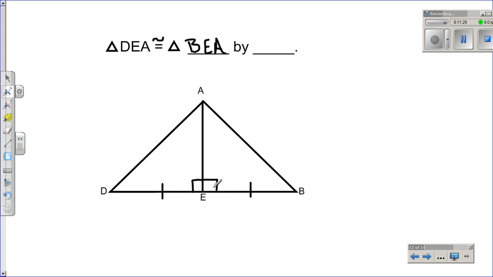So technically this one is called hypotenuse leg. It's not one of the shortcuts. It's one you see very rarely. If you have a 90-degree angle and one side marked, and it's kind of similar, you'll see hypotenuse leg. I didn't give it a shortcut because it is extremely rare. You won't have to worry about that.